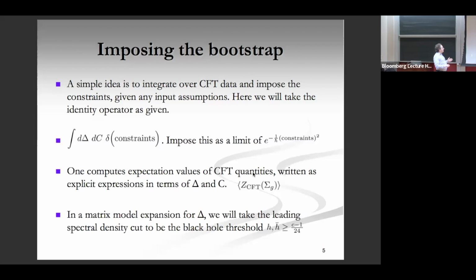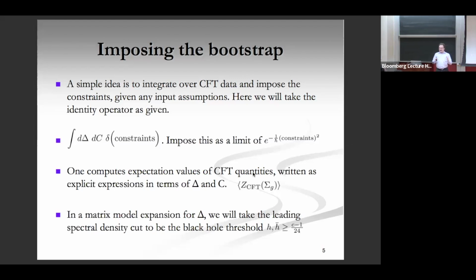The end model. And so in this story, the thing you want to compute is not this integral. That's computing a measure factor that you didn't know about, but rather an expectation value of an observable. Suppose you wanted to compute some CFT quantity, like the CFT partition function on a genus-two curve.